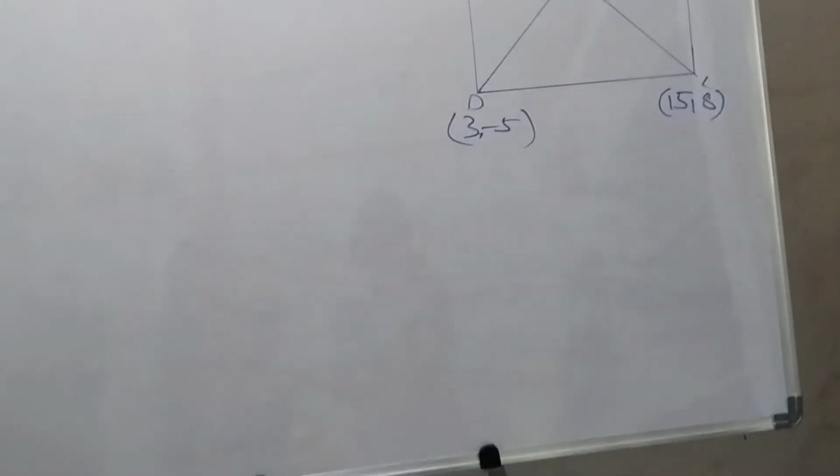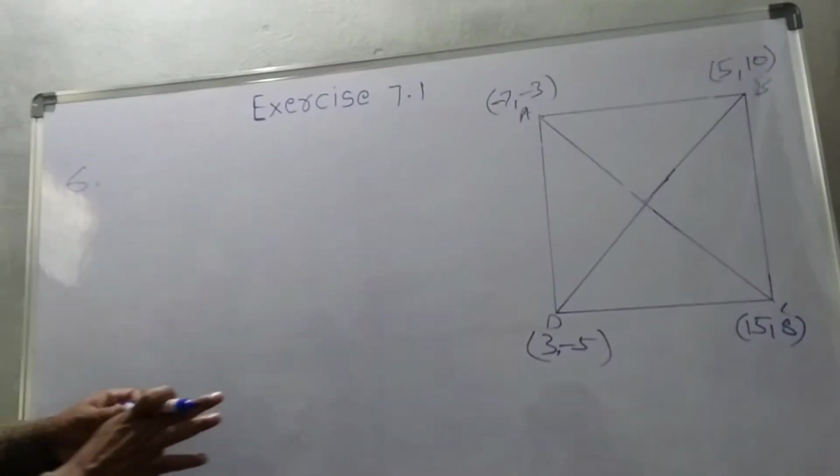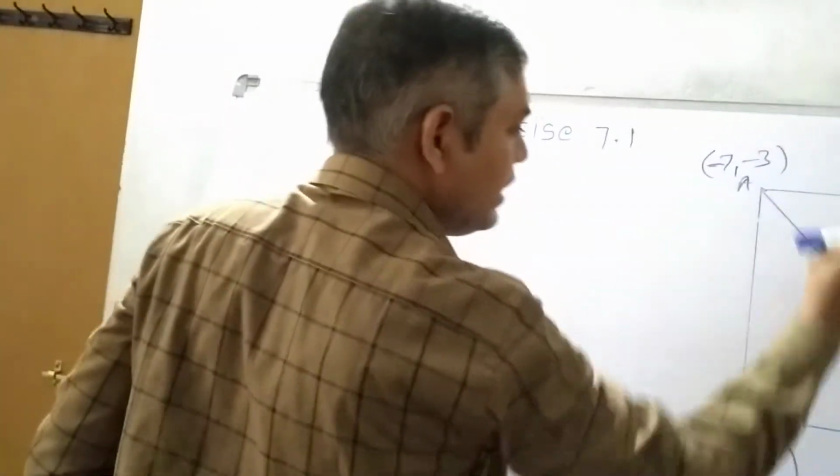To prove the given points are forming a parallelogram, we have to prove opposite sides are equal.